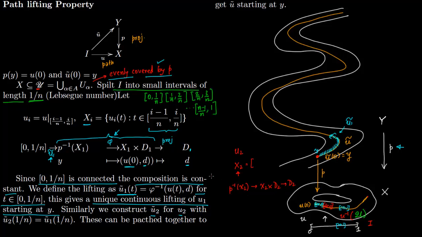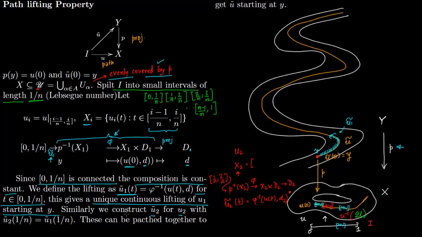Then you will again have some interval from 1 by n to 2 by n, and this is getting mapped to a constant. Since this is getting mapped to a constant, you can have a unique lifting, and this unique lifting u2 tilde will be equal to phi inverse of u of t comma, say, another constant d2.